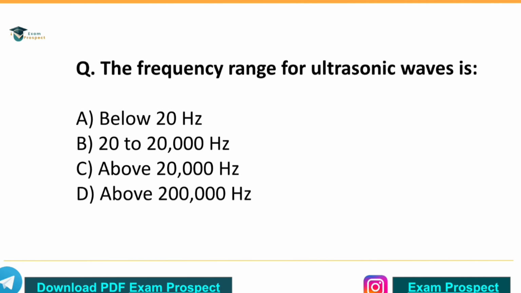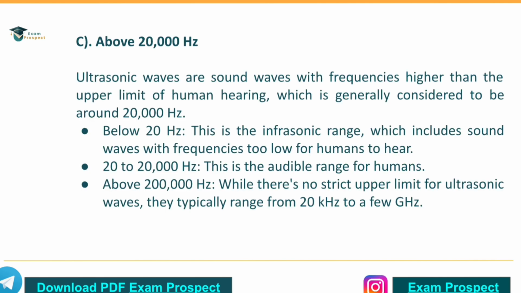Next question. The frequency range for ultrasonic waves is? The correct answer is option C, above 20,000 Hz. Here, ultrasonic waves are sound waves with frequencies higher than the upper limit of human hearing, which is generally considered to be around 20,000 Hz.